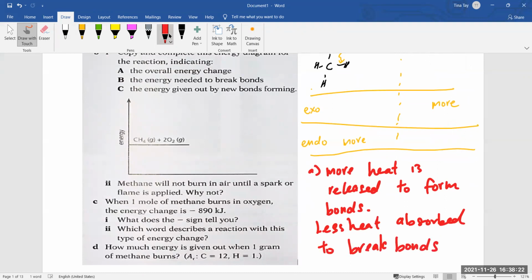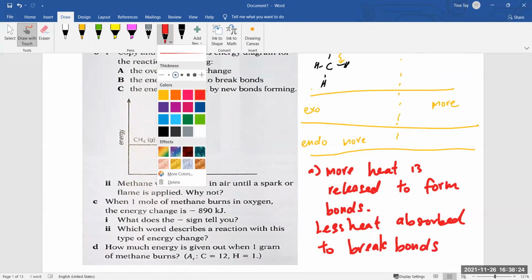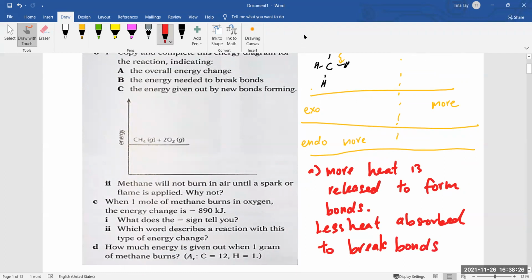Okay, so this is the standard answer. When they ask you, is it exothermic? This is your standard answer. More heat is released to form bonds. Less heat is absorbed to break bonds. When they ask you endothermic, the answer is just the reverse. Okay. Did you get that?